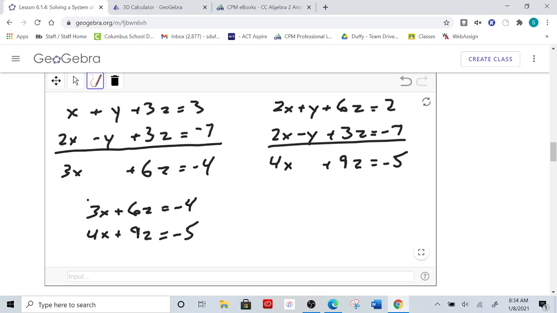I am going to multiply the top by, let's say, -3, and the bottom by +2. What that will do is result in -18z on top, and then +18z on the bottom.